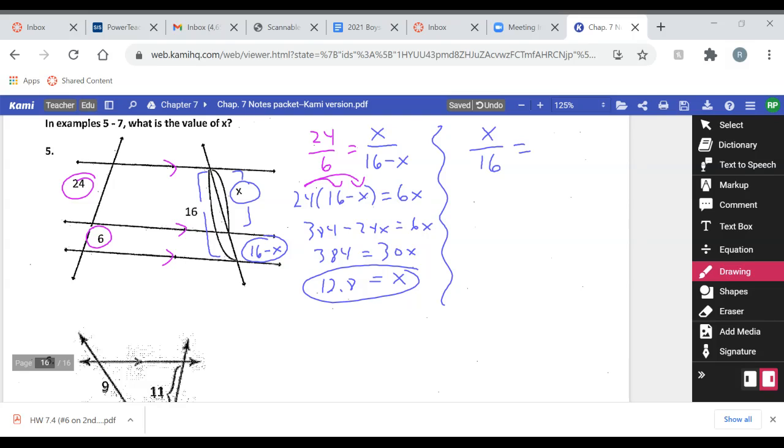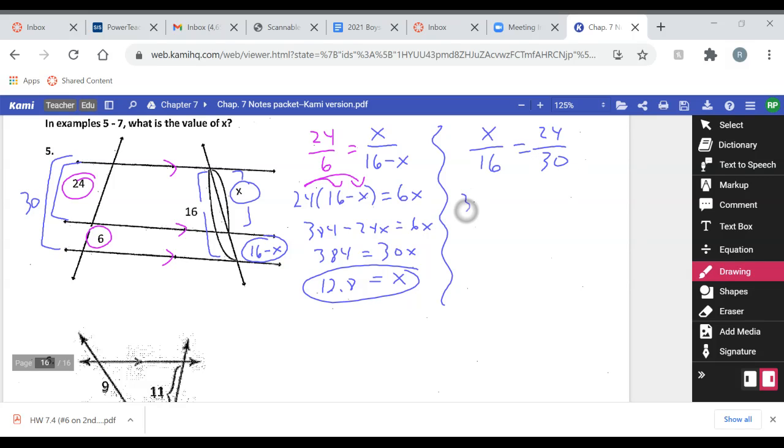So if I follow that same pattern, if I did x over, which is kind of the top piece, over 16, the whole piece on the right side, if I follow that same pattern on the left, I would say 24, which is the top piece, over the whole left side, which think about what that is, and that would be 30.